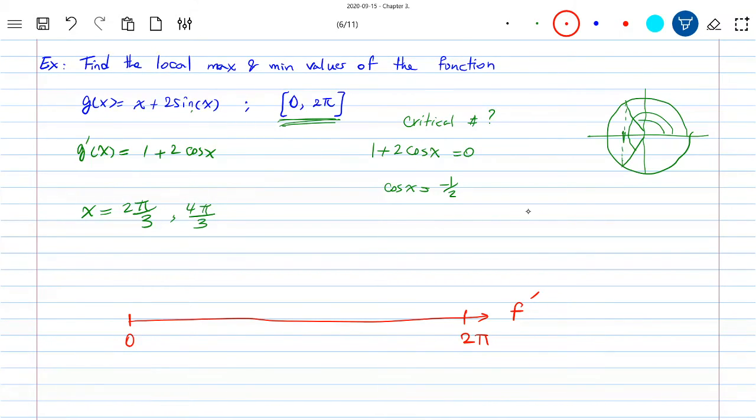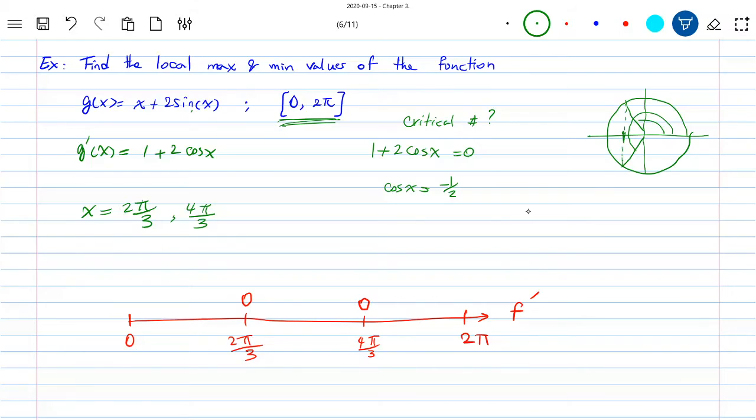The interval given is 0 to 2 pi, so I'm going to make sure that whatever value I pick as a test point is between 0 and 2 pi. The critical numbers are 2 pi third and 4 pi third. The derivative there is 0, and the derivative here is 0.